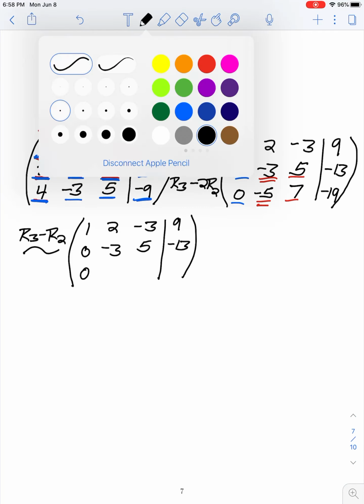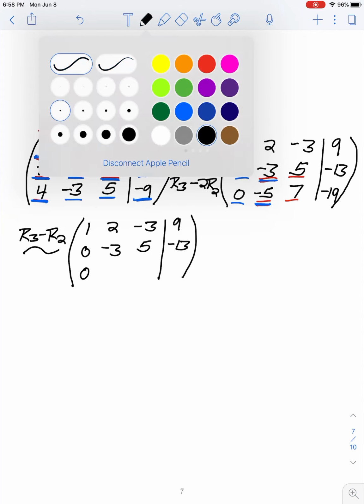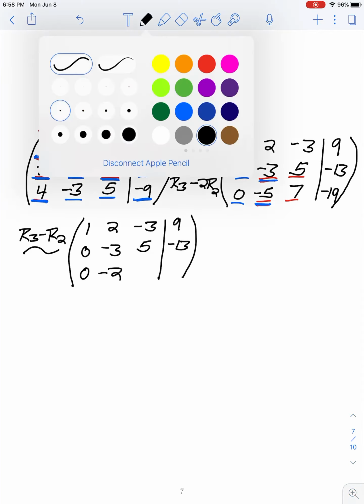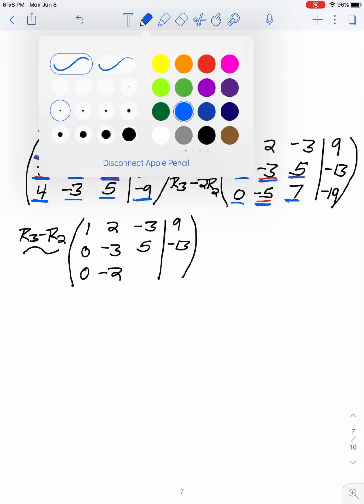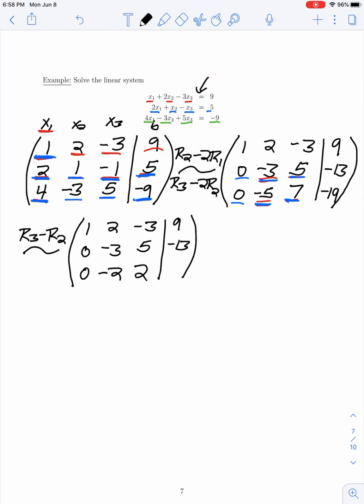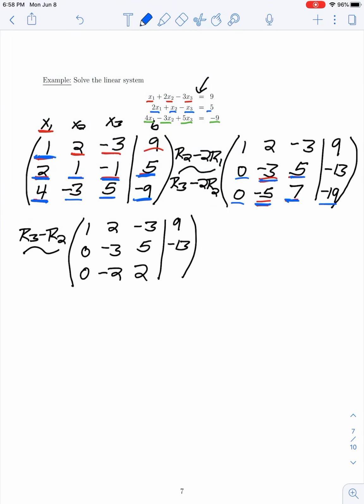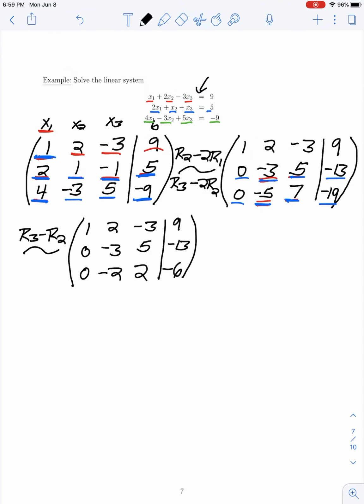For our x2 coefficient, we have a negative 5 minus a negative 3, or plus 3, which would leave us with negative 2. And for our x3 coefficient, we have 7 minus 5, which leaves us a coefficient of 2. And then doing the same operation on our right-hand side, we have a negative 19 minus a negative 13, or plus 13, which would leave us with a negative 6.